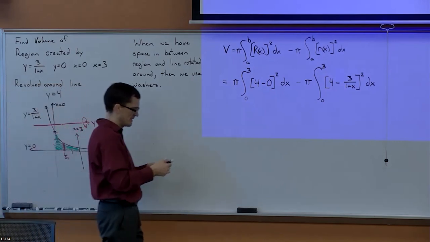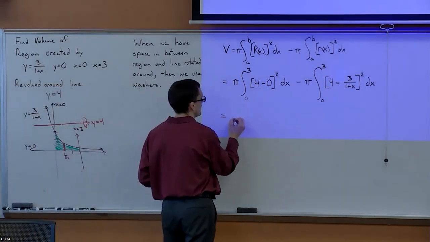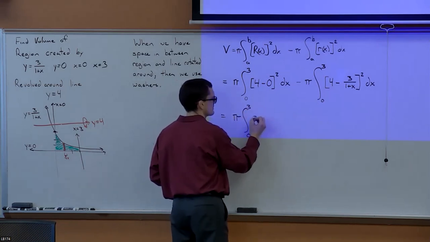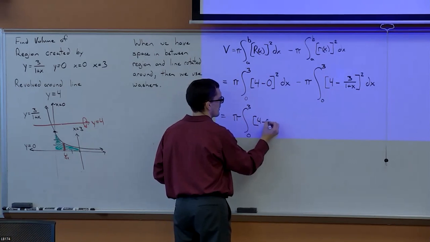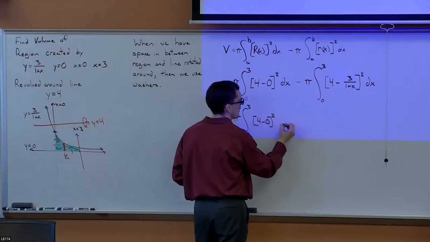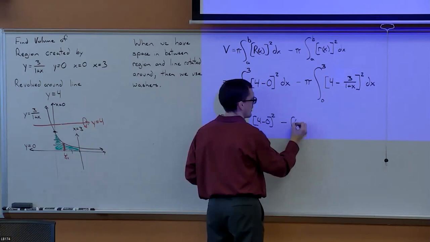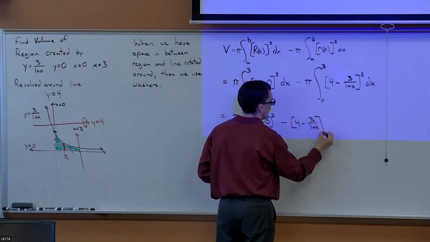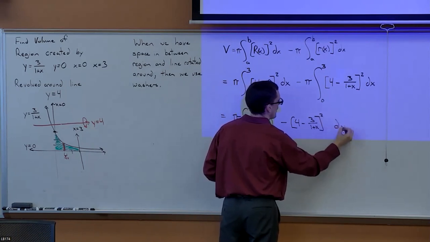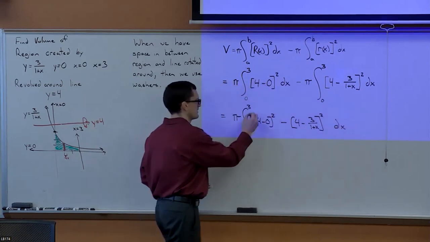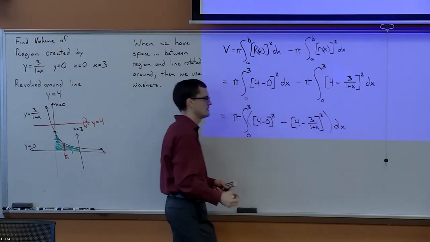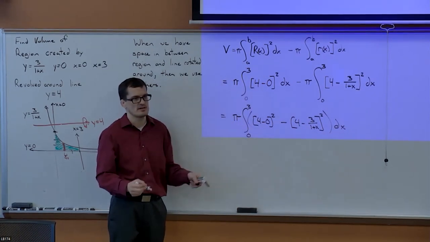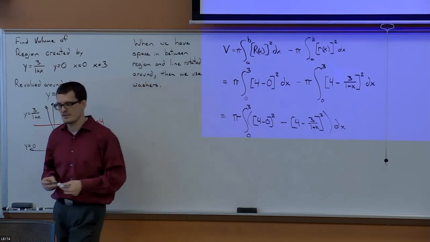Some people, when they type them into the calculator, would combine the integrations and do something like that. Doesn't matter which way you type it in your calculator, just so long as you type it in correctly.